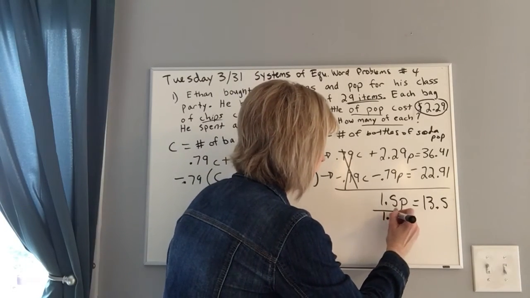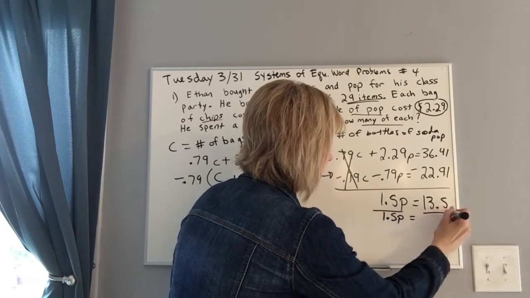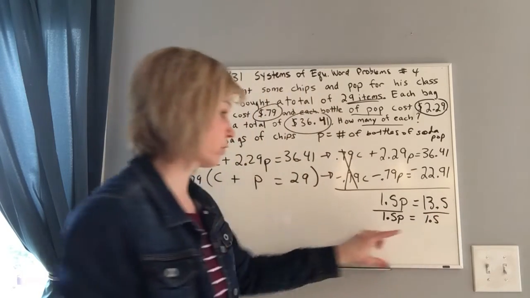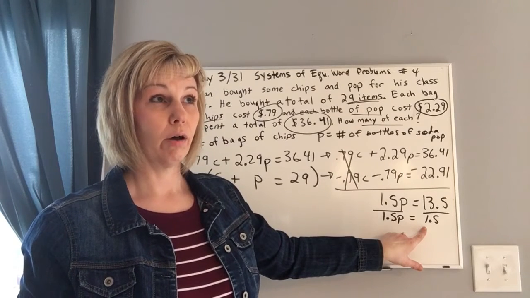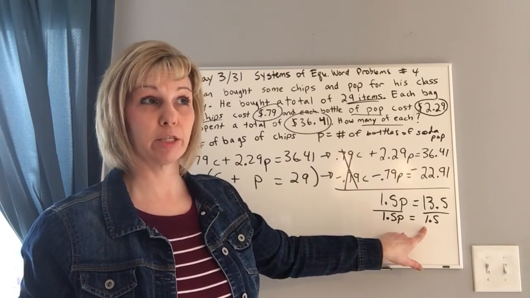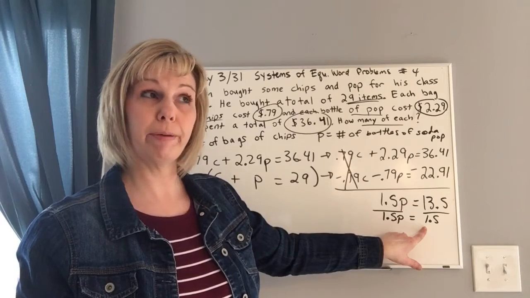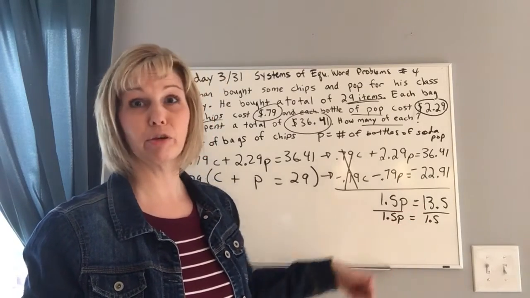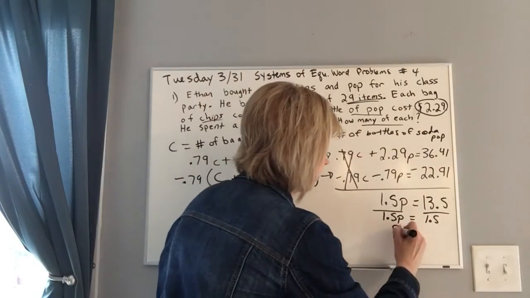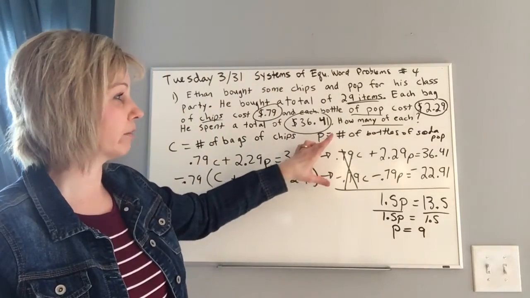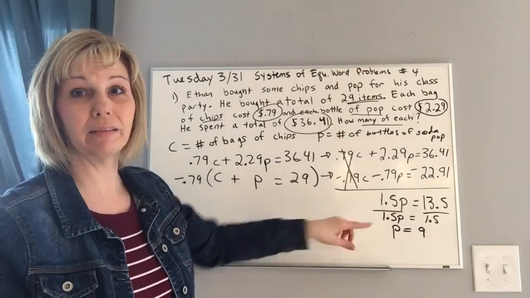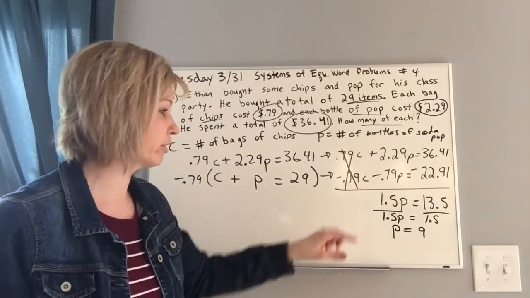Divide. Okay, so let's think about this. $1.50. I know that 3 goes in twice, so 6 would be 4 times, 12 would be 8, and an extra $1.50 should be 9. So P equals 9, and P represents the bottles of soda pop. So those were the big bottles, I'm sure, the 2 liters.